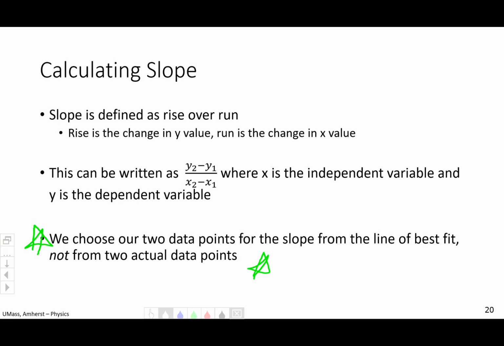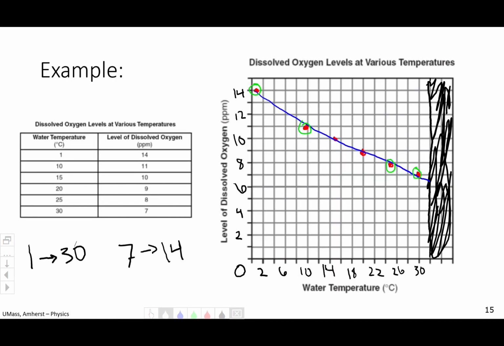So you're going to use your line of best fit. And the reason why this is helpful is because, let's go back to our graph, the line of best fit touches grid squares or intersections of grid squares where some data points might not. So some good points that we might want to take to do our slope might be right here. That's pretty close. And then another one could be something like right here.